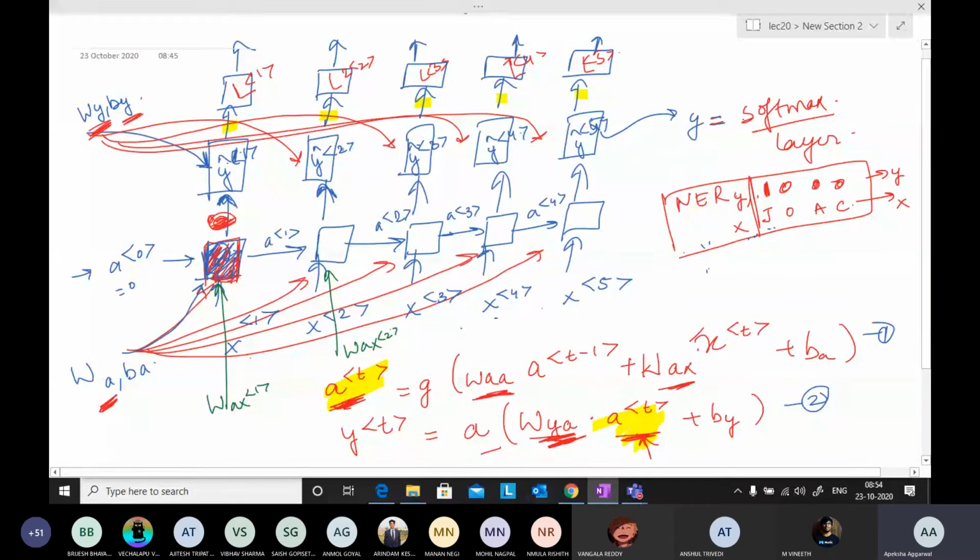Because this is a sigmoid, the cost function or the loss at every y we use in this RNN is L.